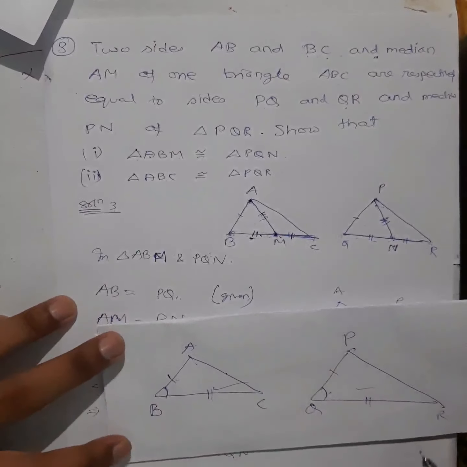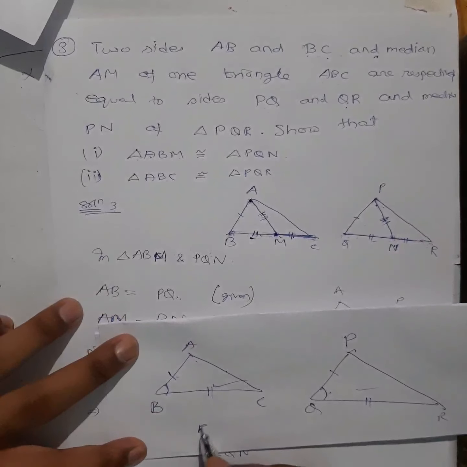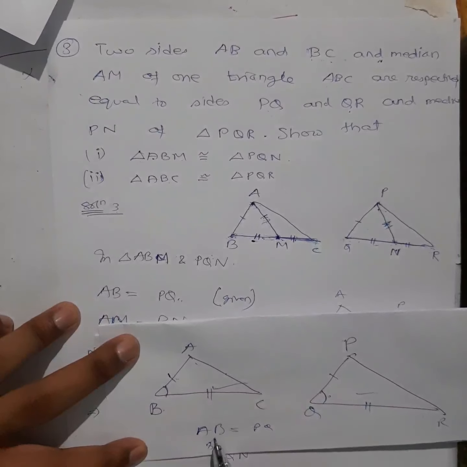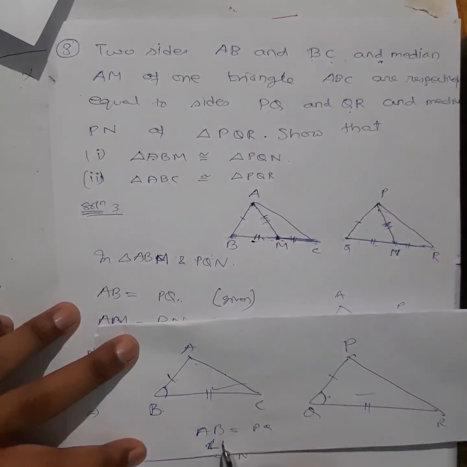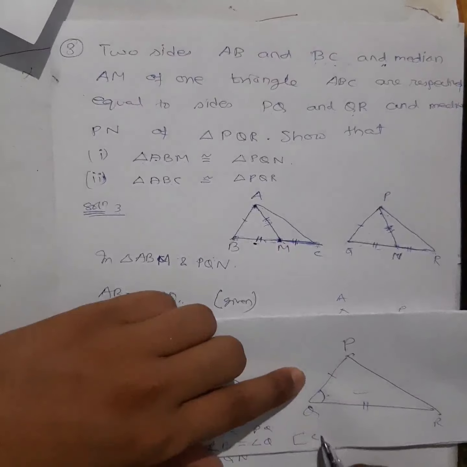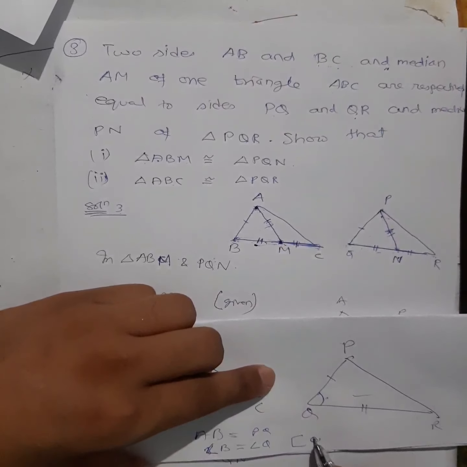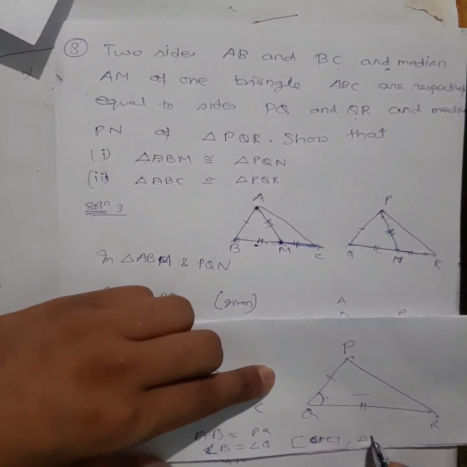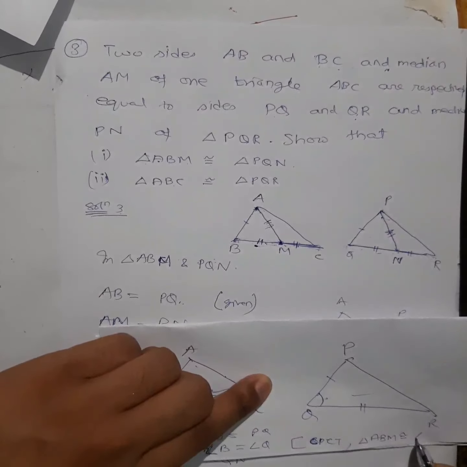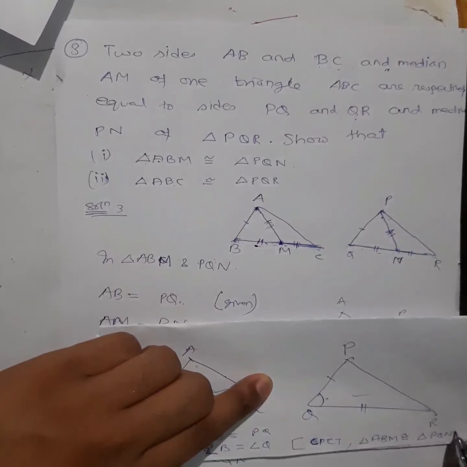So try to solve this one yourself. Okay, how do you write? AB is equal to PQ. Next, here you write angle B is equal to angle Q. Reason: corresponding parts of congruent triangles. You mentioned triangle ABM is congruent to triangle PQN.